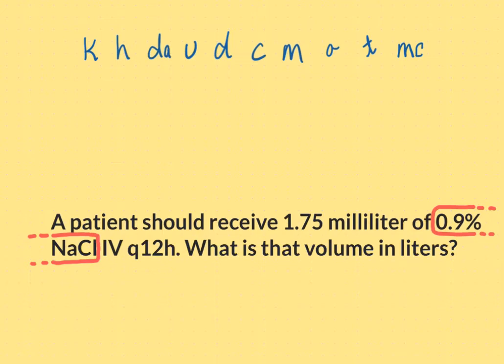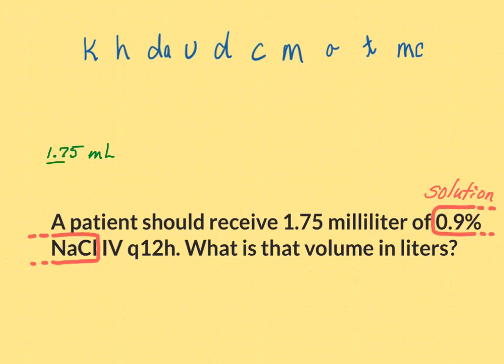If you can substitute a word such as solution here, and the problem or the sentence still makes sense and you can still calculate what they're asking for, then go ahead and do that. You don't need to worry about the percentage for this problem. We're going to assume that you already have a solution stored somewhere and that you are not being required to formulate that solution. So let's apply some dimensional analysis to this problem.